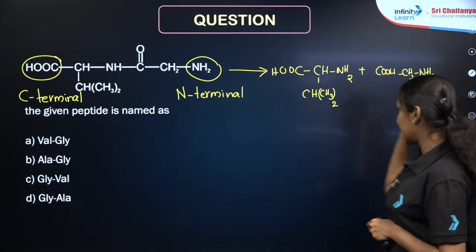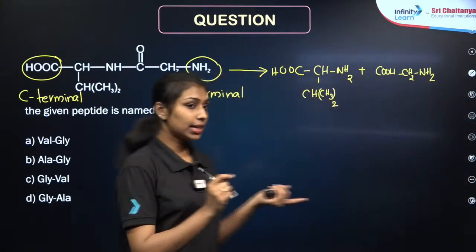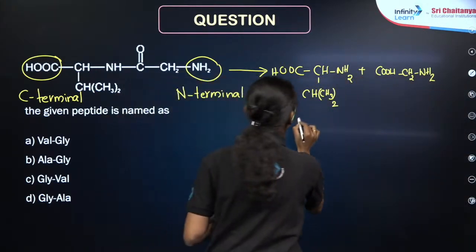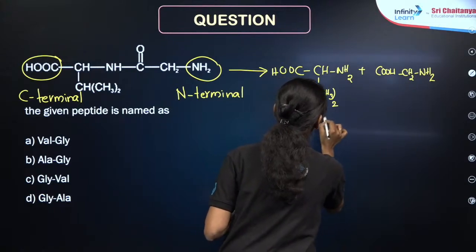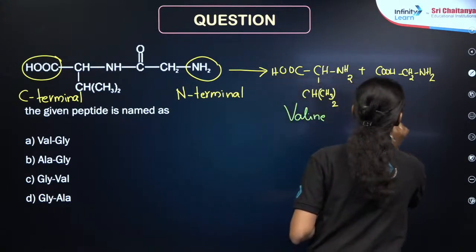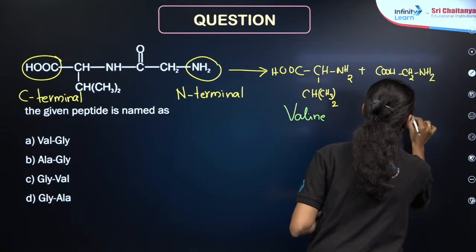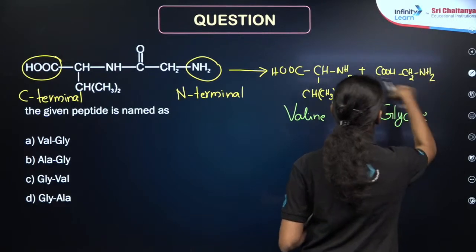I hope you have an idea about the amino acids. So, I can say that this is valine, right? This is our valine amino acid. And this is our glycine, the simplest one, right? Glycine. So, we can start the naming from right here.